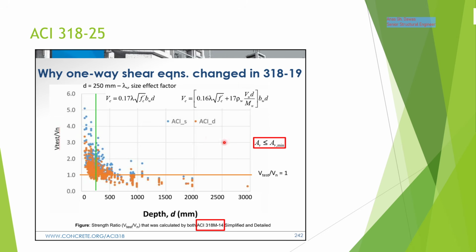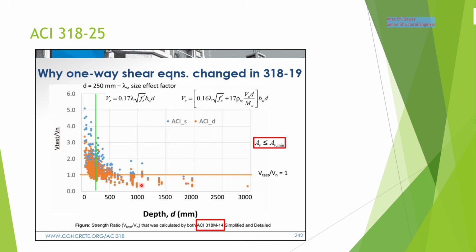Again, this equation has been used for a long time in ACI 2014. Again, we have the same issue. As you can see, this equation is called the detailed equation. This is the simplified equation. The simplified equation is in blue points and the detailed equation in orange points.